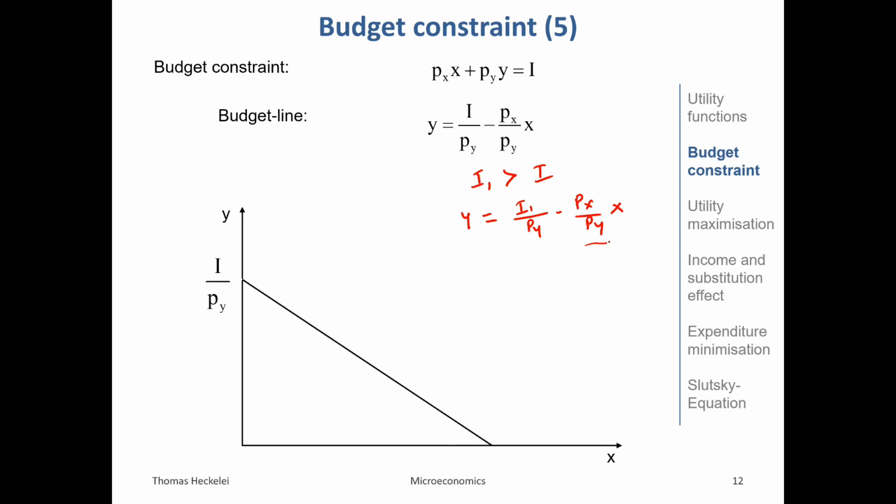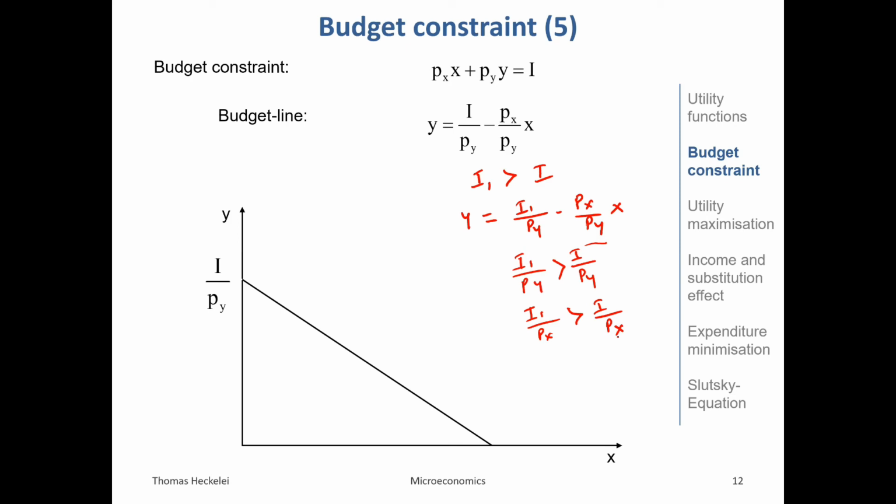And then the intercept is what changes here. We have I1 over py, which is larger than I over py. So the intercept will move upward. And then we also have the point where everything is spent on x, which is I1 over px, larger than I over px.